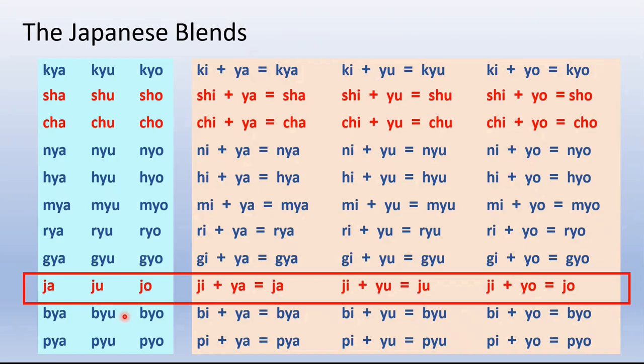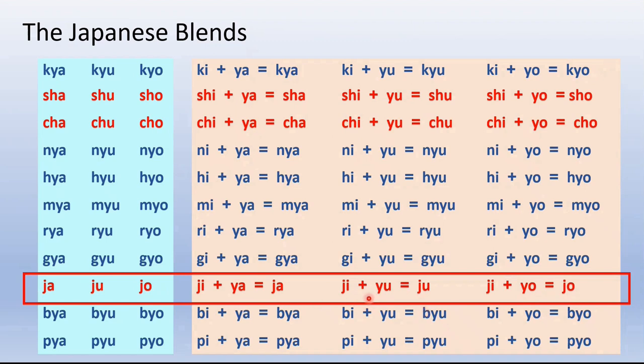Now, this is a familiar slide from one of the previous lessons. These are the Japanese blended words. As you can see, ja, ju, jo are exceptions. Since ji plus ya, we are not getting jiya, but ja. Ji plus yu, we are not getting jiyu, but ju. And ji plus yo, we are not getting jiyo, but jo.